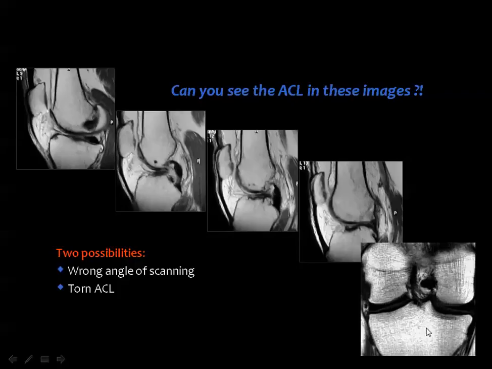Then if the anterior cruciate ligament is present as here, then you know that this is a wrong angle selection. But if you cannot see the anterior cruciate ligament in the notch and you see only the horizontal part of the posterior cruciate ligament, then this sign is known as the empty notch sign, and then you know that the anterior cruciate ligament is torn.